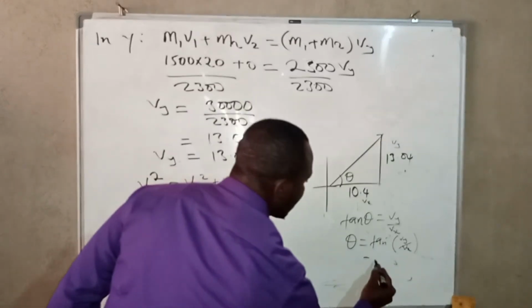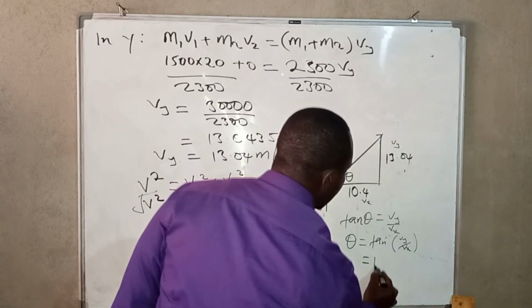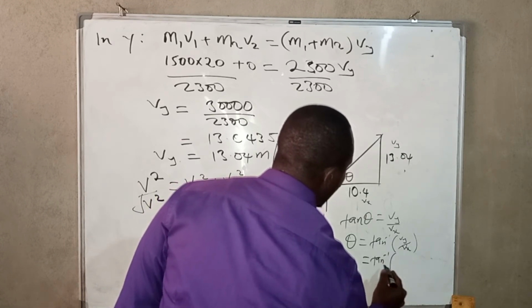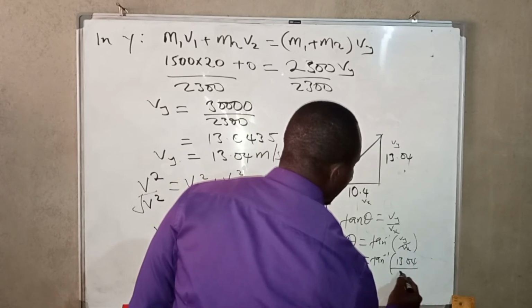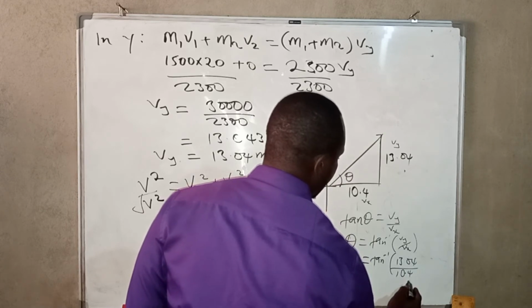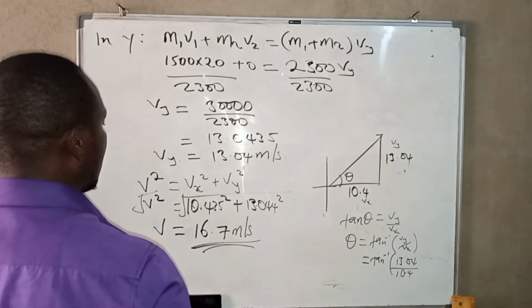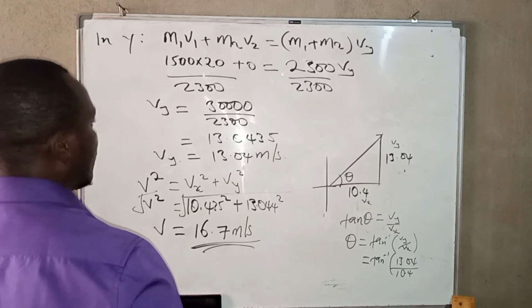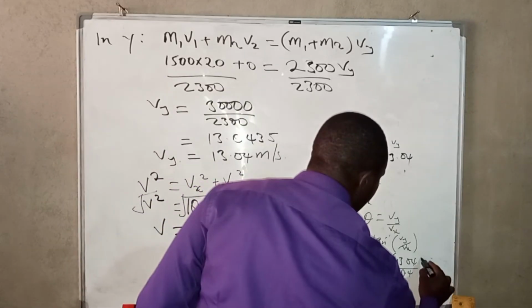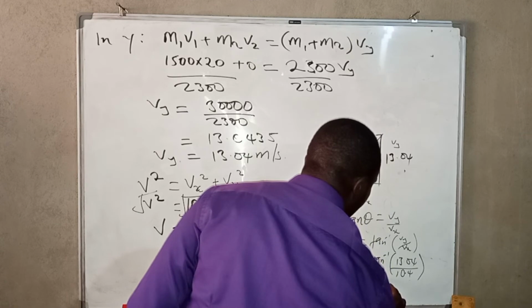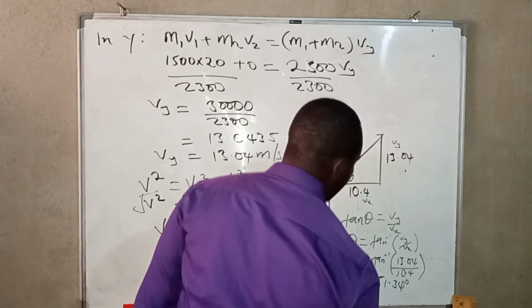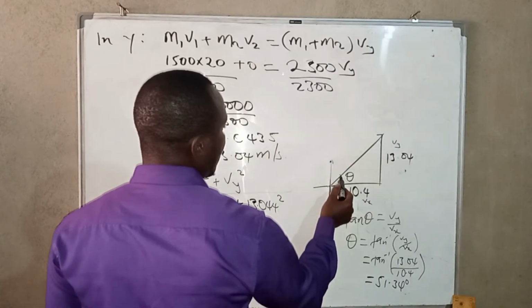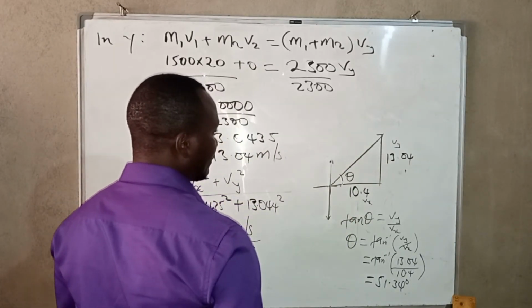We plug in the values: tan inverse of 13.04 over 10.4, which gives us 51.34 degrees. So this is from the positive x-axis.